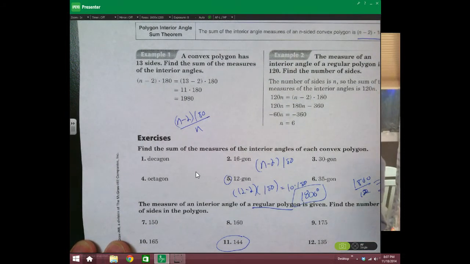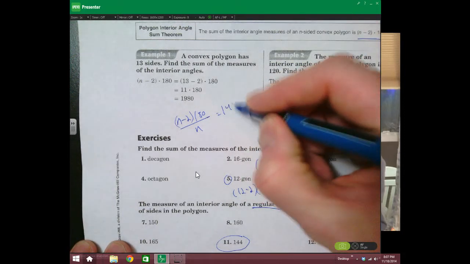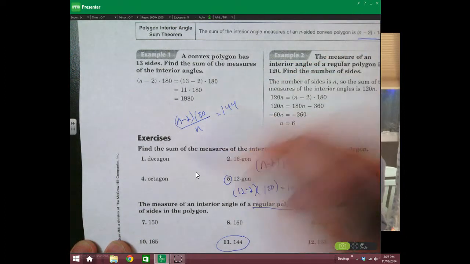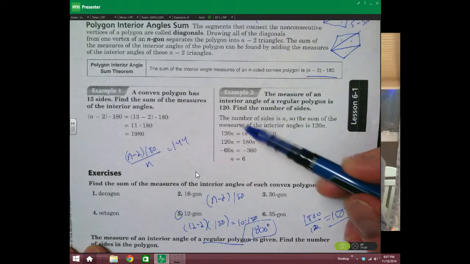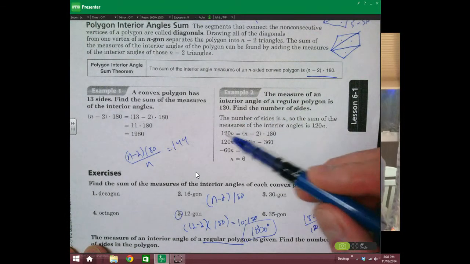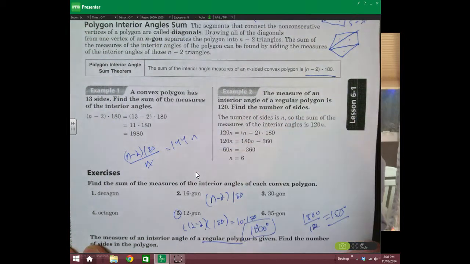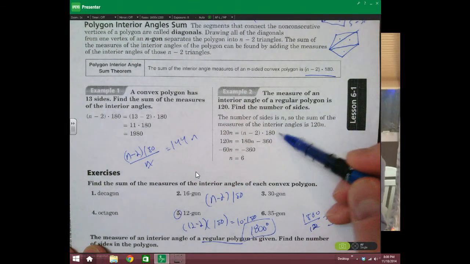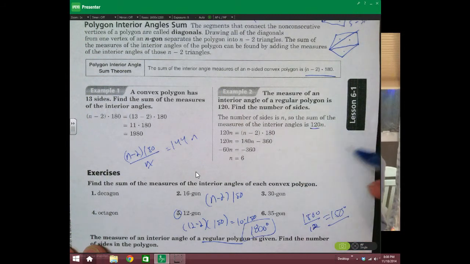So you can set it equal to 144, multiply both sides by n and solve from there, and they actually do an example up here of this. We know each angle is 120 degrees, so 120n, because multiplying by n cancels that off, equals n minus 2 times 180. Go through and solve. They got 6 sides if each angle is 120 degrees.